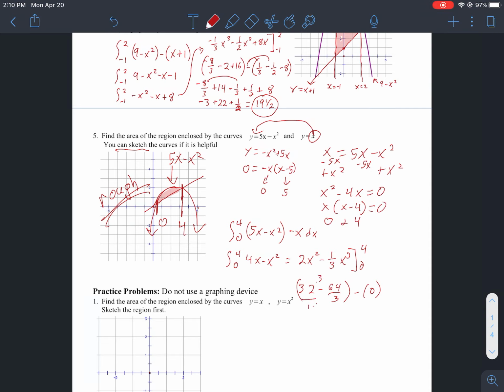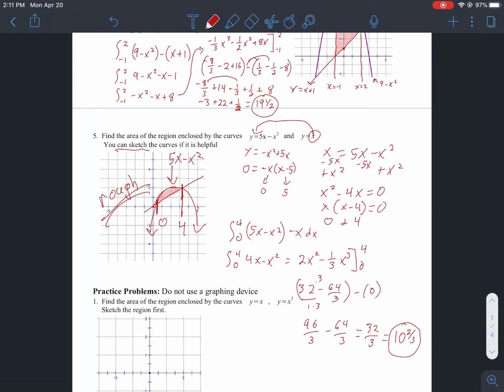Now get a common denominator. So it's 96 thirds minus 64 thirds, which is 32 thirds, or 10 and 2 thirds. Bam, I am done.